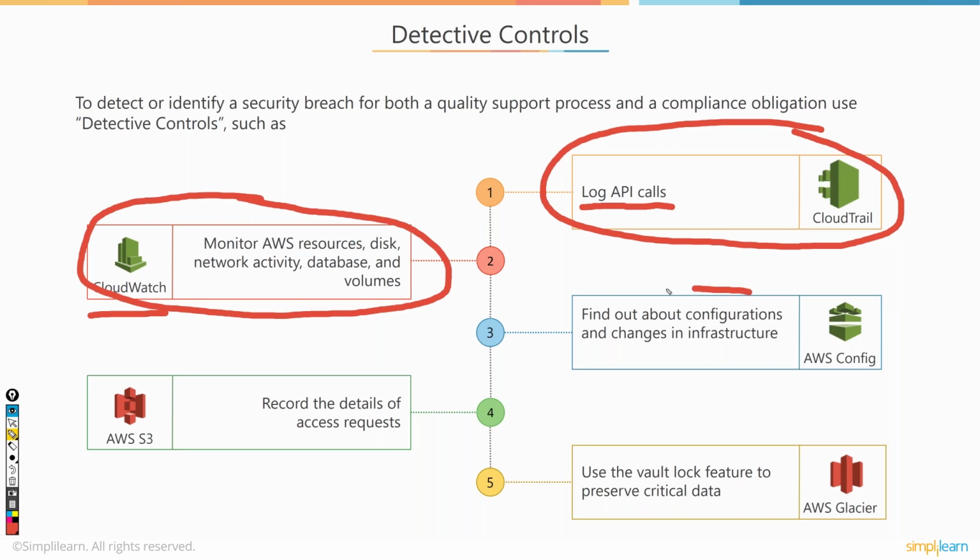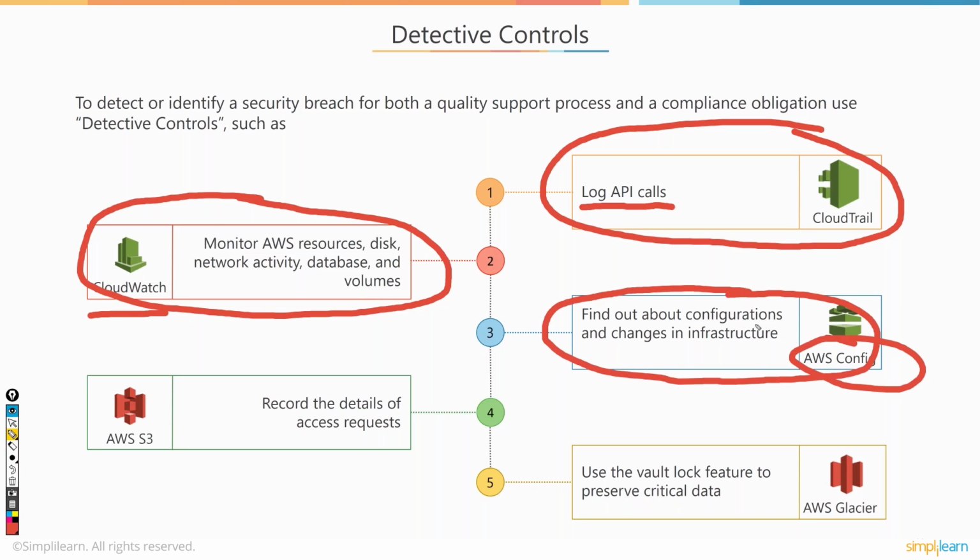Next one is finding out about configurations and changes in infrastructure, so-called AWS Config. If you deploy an environment, something like a production-grade environment, you will be able to save it at this particular point in time.